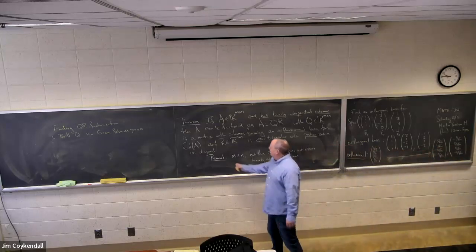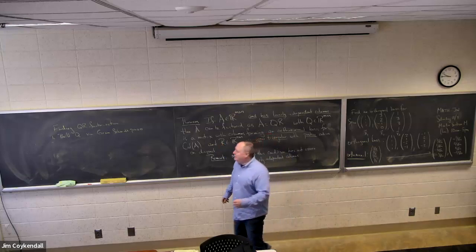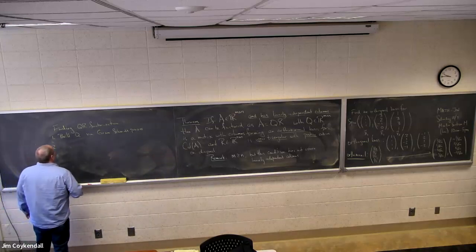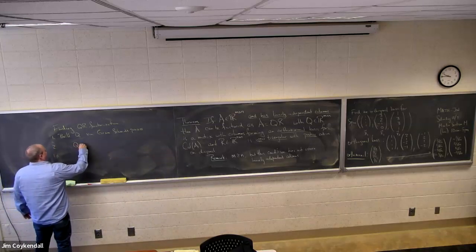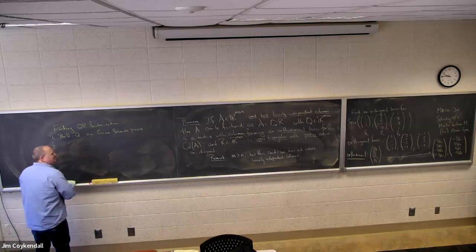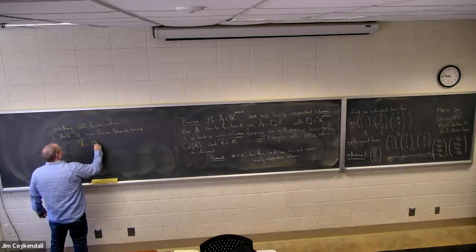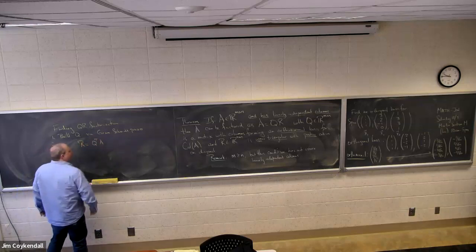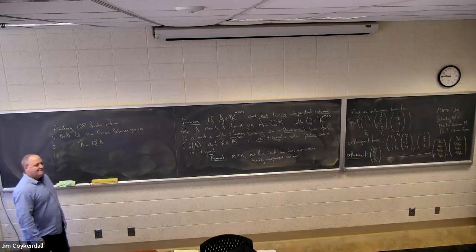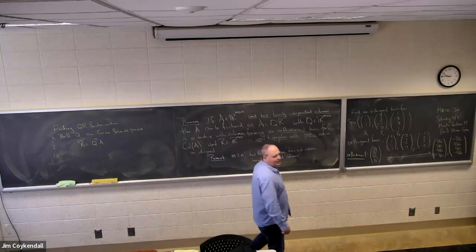Now, how do we find R? This looks like a pain, but it's actually quite easy, and here's why. R is just Q transpose A. Let me explain why that's true.